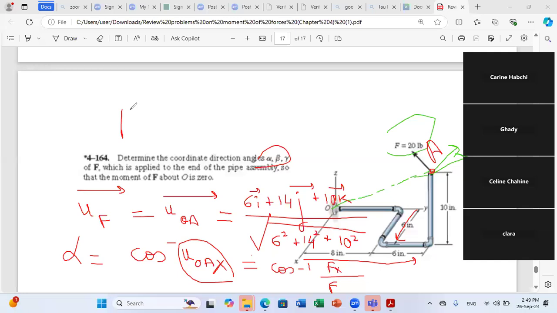Now for beta. Professor, I have a question. How is F along OA? They said the moment of F should be 0 about O. For a force to have a moment 0 about a point, what is the condition?